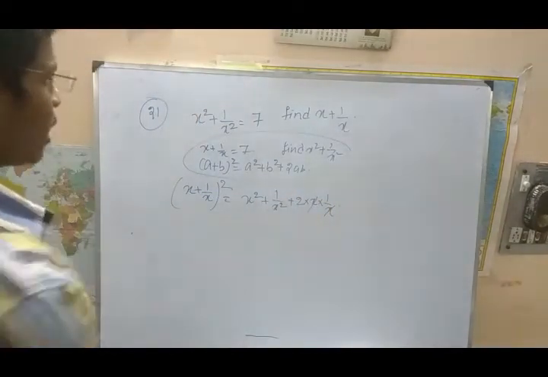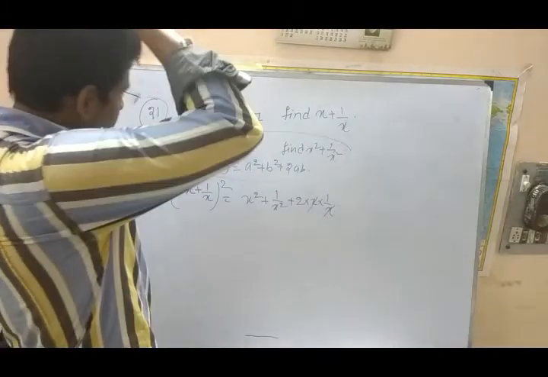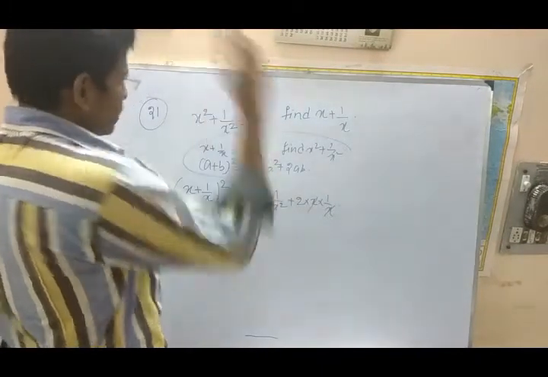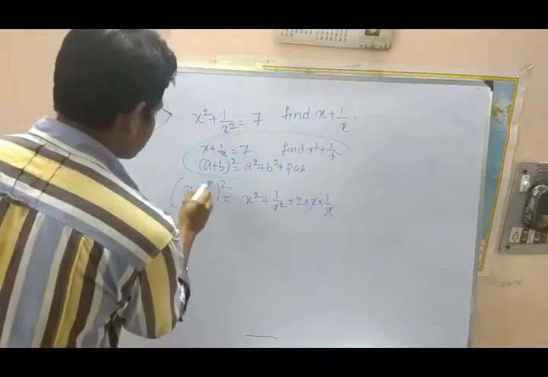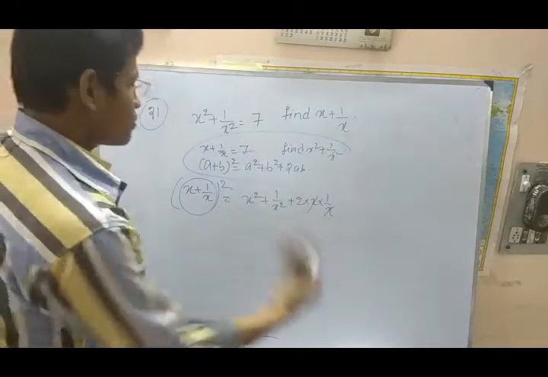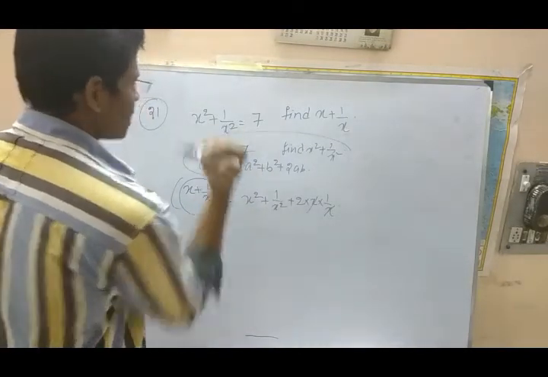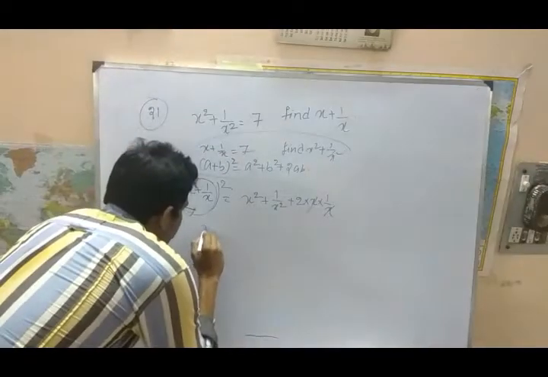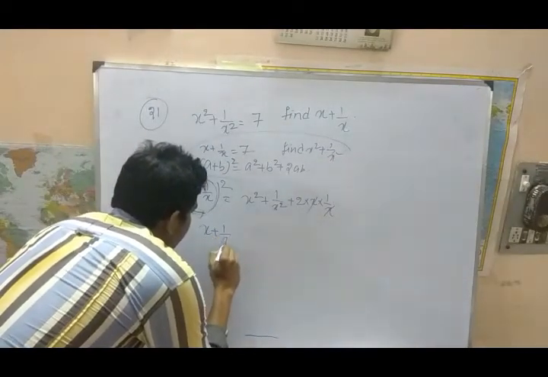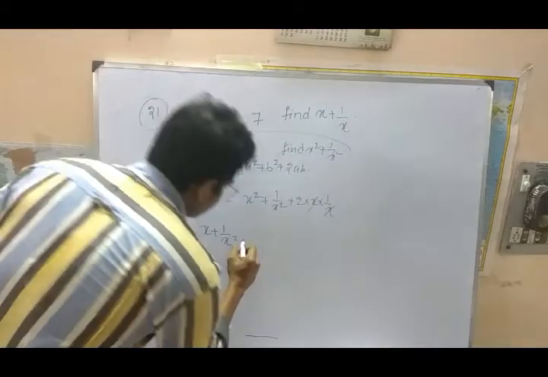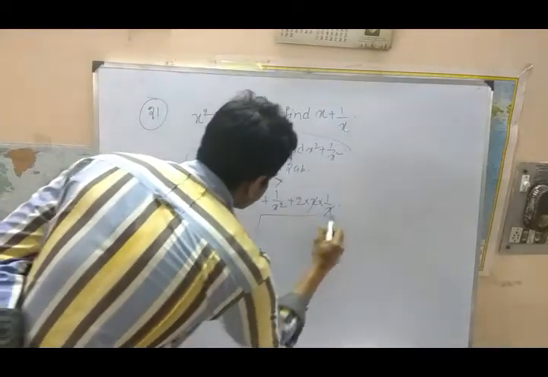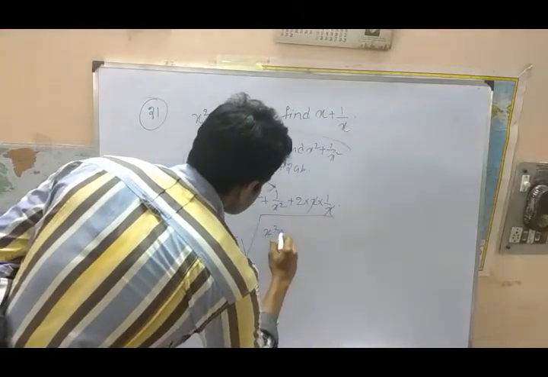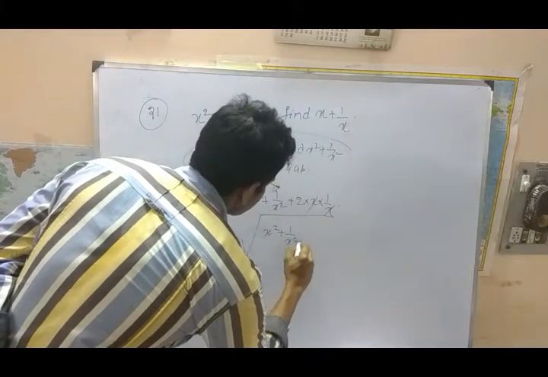So what we require and what we have? We require x plus 1 by x. This one, x plus 1 by x. So what we have? X square plus 1 by x square. So we can do like this: x plus 1 by x equal to root of x square plus 1 by x square plus 2.